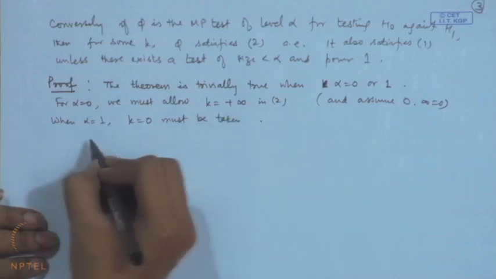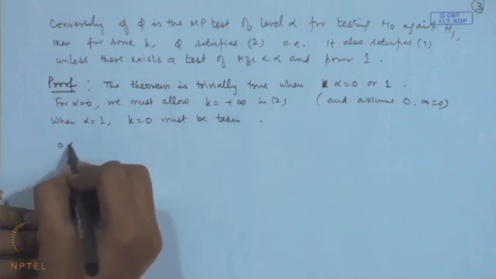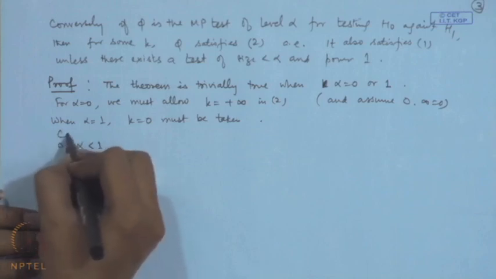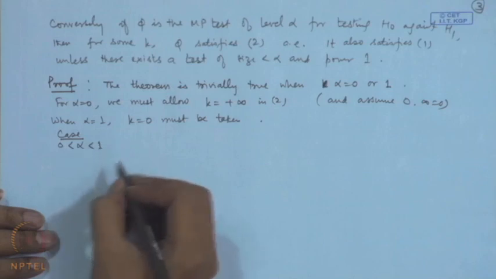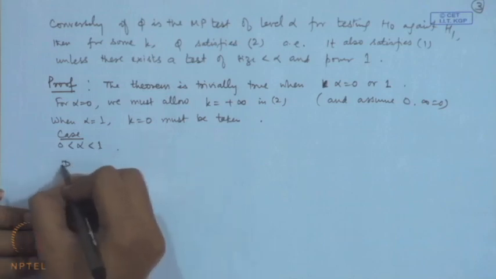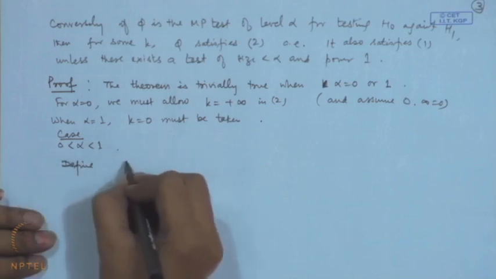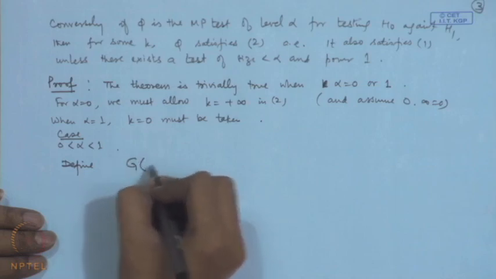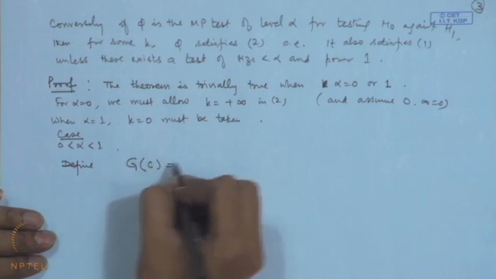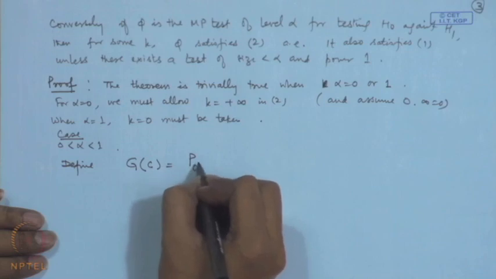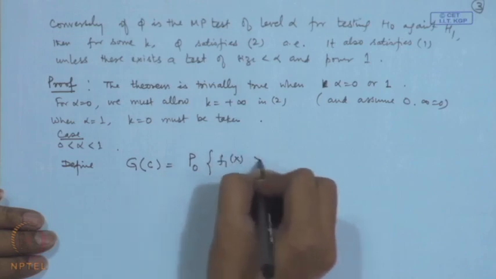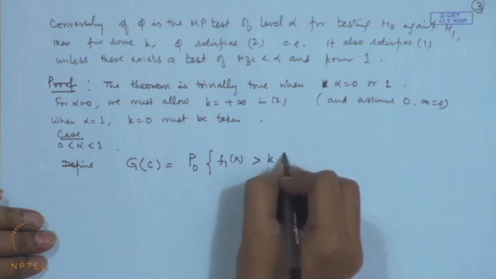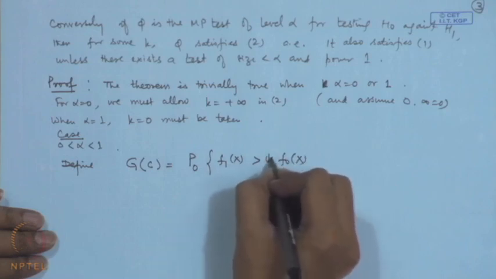So, now we are considering the case when alpha is strictly between 0 and 1. Let us define a function as say G of c, which is the probability of say f 1 x greater than c times f naught x.